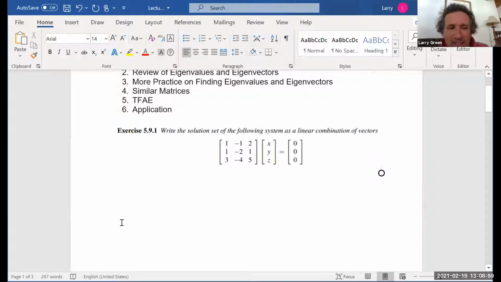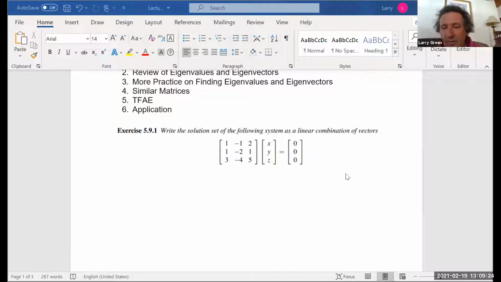It says, write the solution set of the following system as a linear combination of vectors. Okay, and as I just mentioned, notice that the right-hand side is the 0 vector. That makes it kind of an easing into the rest of the problems. So what we're really just doing is finding the null space of this matrix.